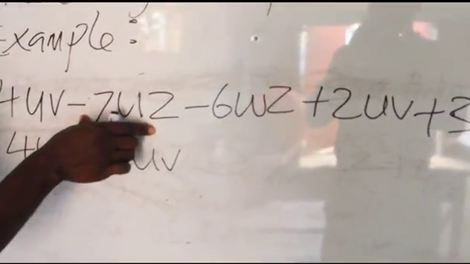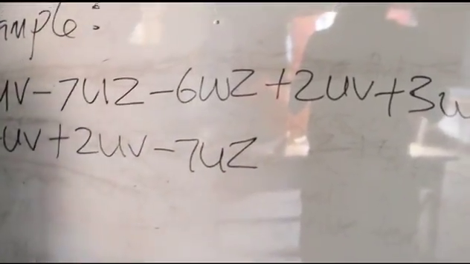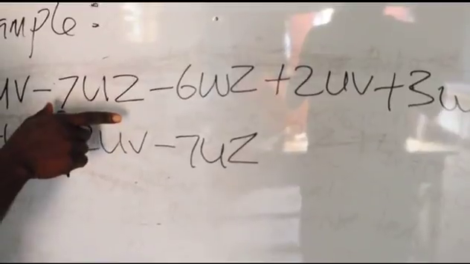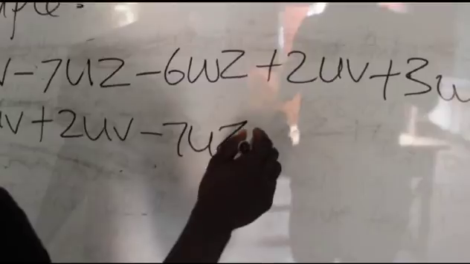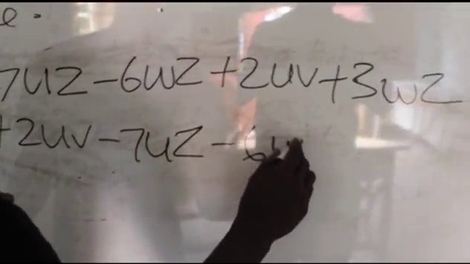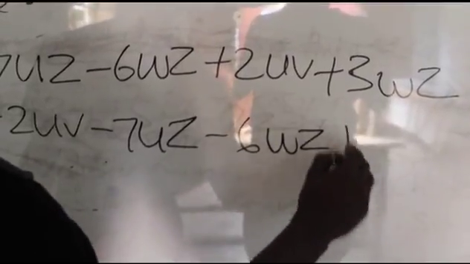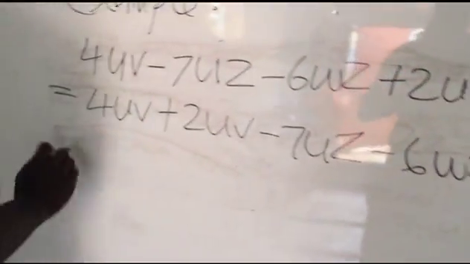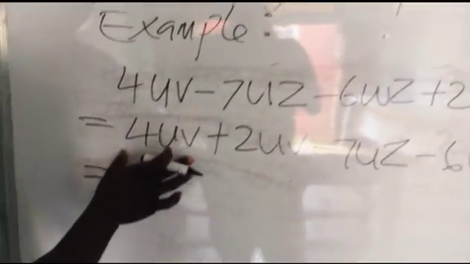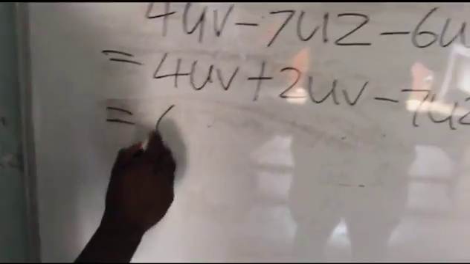And the next we have here is minus 7uz. Minus 7uz does not have any like term here. So we go to the other one also. Minus 6wz. And the like term is plus 3wz. So solving them out now, we have 4uv plus 2uv will give us 6uv.